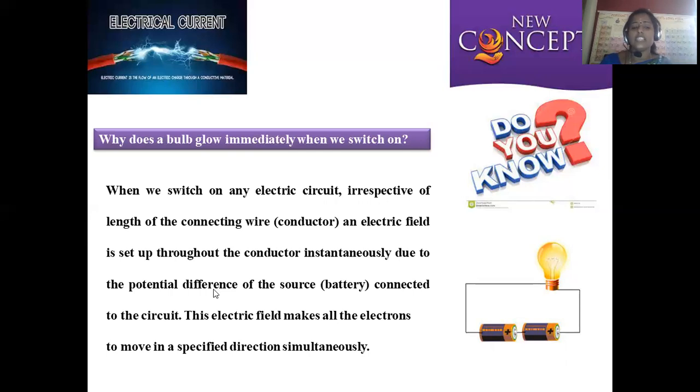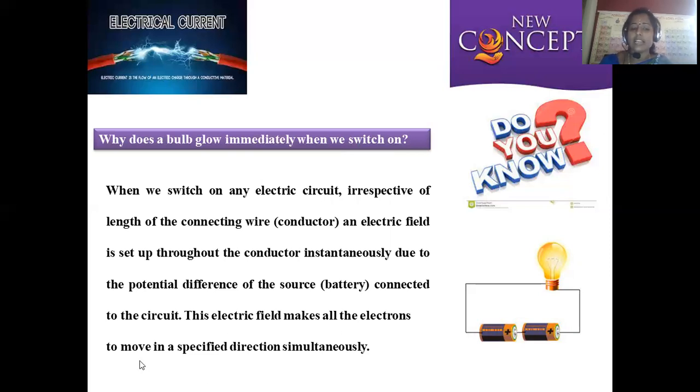Where the destination point is, we experience low potential. Where the source is, there is high potential. To maintain the balance between these two, electrons will flow immediately to balance the charge. That's the reason why potential difference is the main cause of this electron flow, and that illuminates the bulb within a fraction of a second.